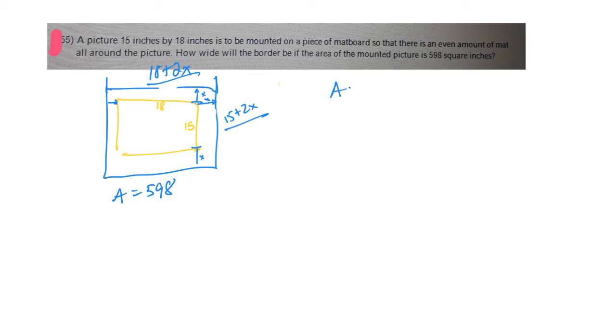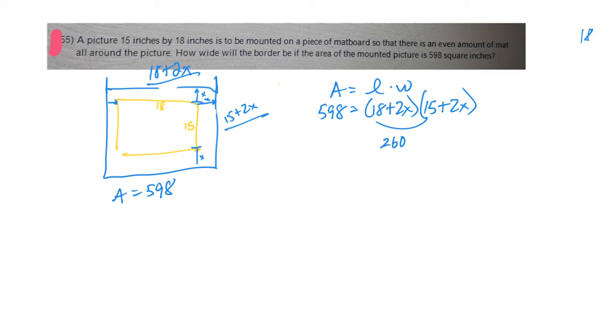So again, I've got area is equal to length times width. The area is 598 is equal to 18 plus 2x times 15 plus 2x. Same question as the last one now. So you multiply that. 15 times 18, I think, is 260. Is that right?